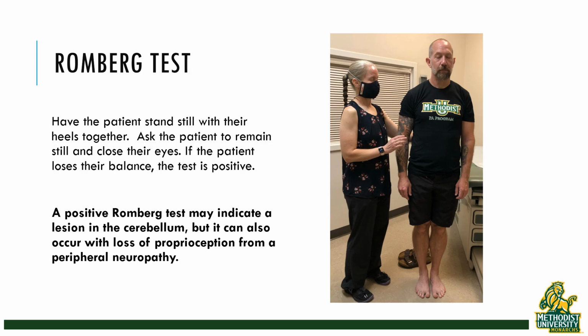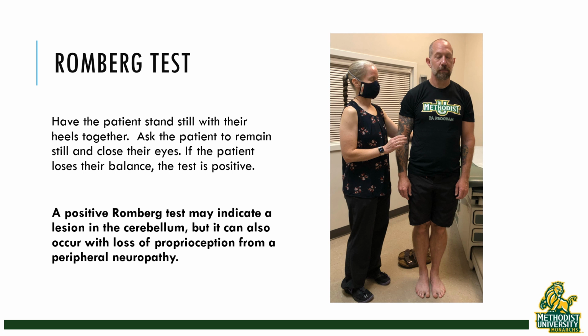For a Romberg test, you have the patient put their feet close together but not touching and close their eyes, and you assure them that if they start to fall, you'll catch them and they'll open their eyes. As we've mentioned before, a Romberg test is nonspecific.